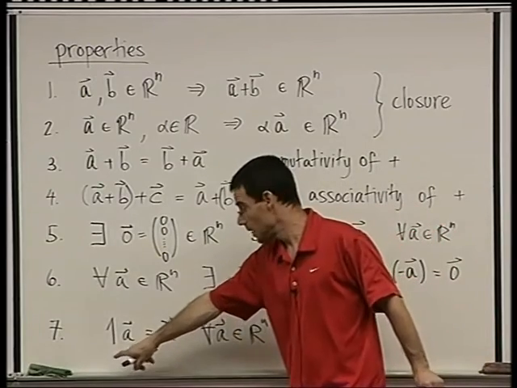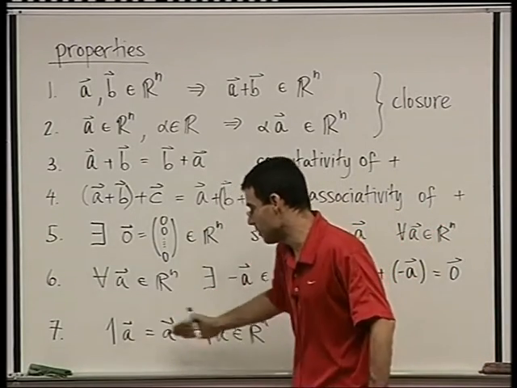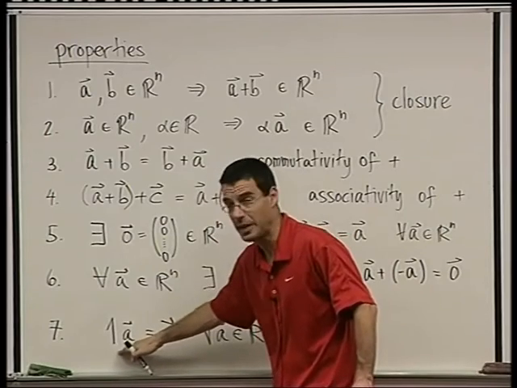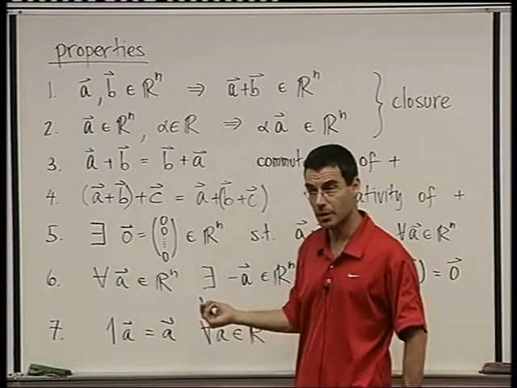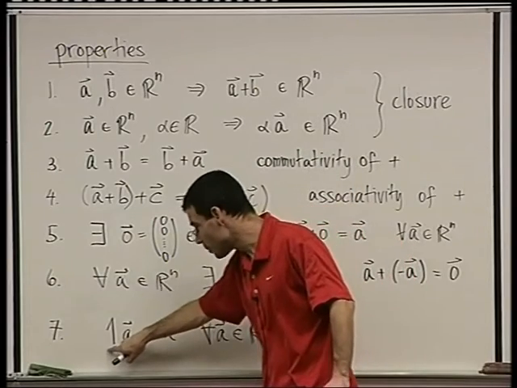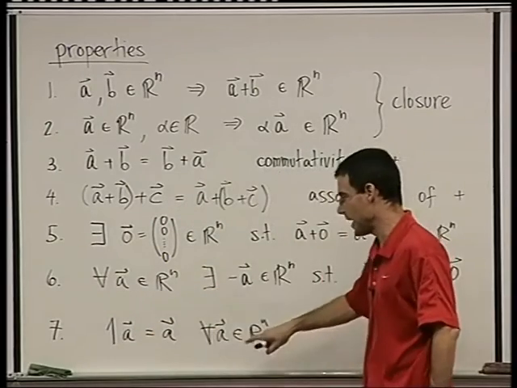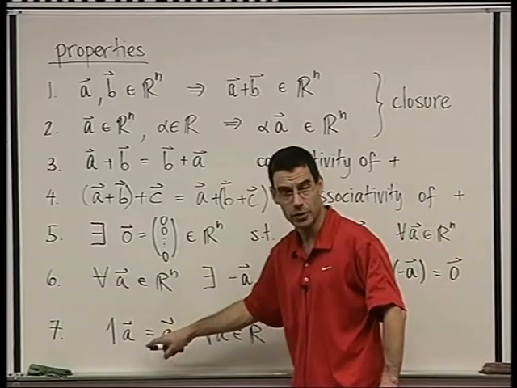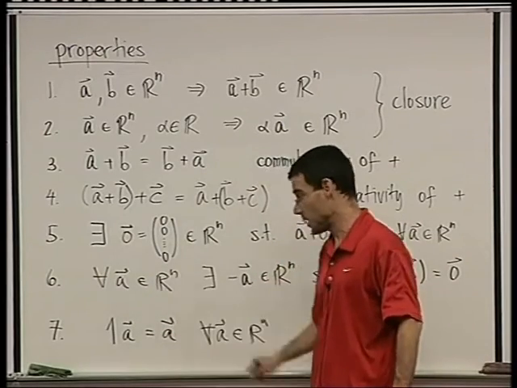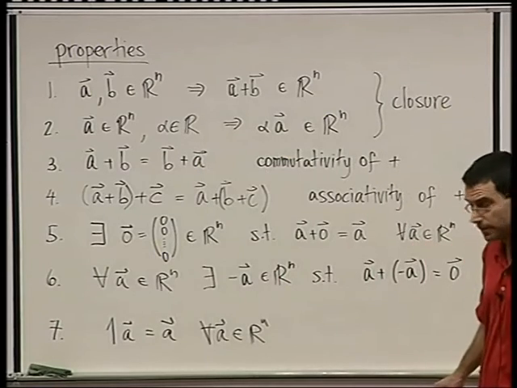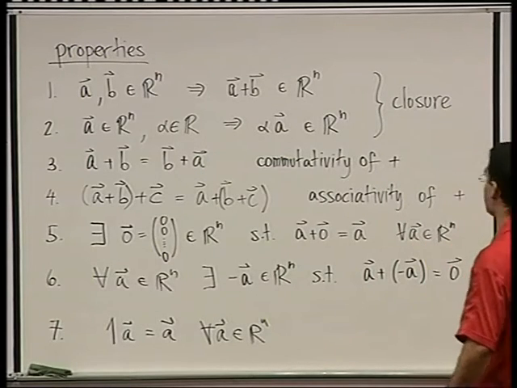Do you agree? We haven't defined any notion of multiplication of vectors. Okay, so putting an arrow here would not make sense. But if you take the scalar 1, it satisfies that if you multiply it by any vector, you're just multiplying each entry by 1, so you're not changing anything. Okay, good.